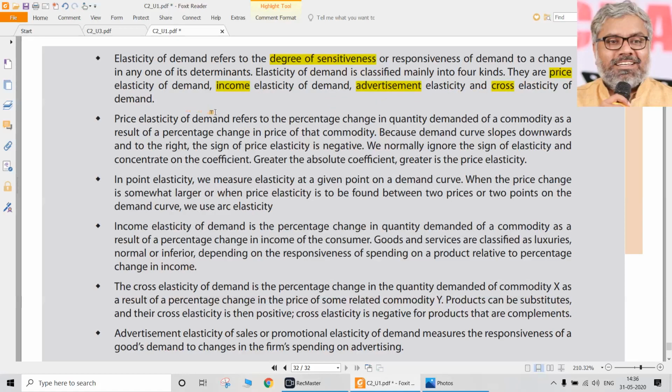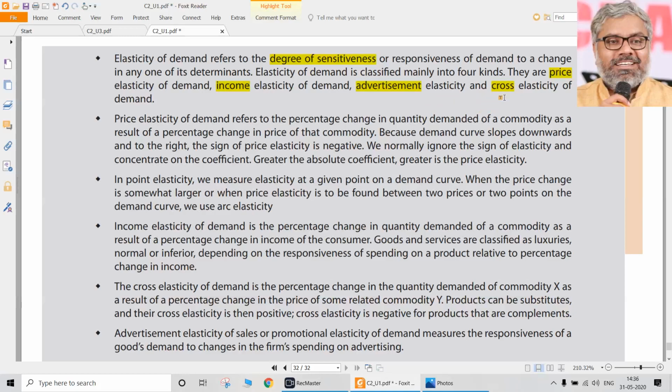So price elasticity tests the strength of the relationship between the price of a commodity and the quantity demanded of that commodity. Same way, income elasticity tests the strength of the relationship between the income of the consumers and the demand of that commodity. Advertisement elasticity tests the strength of the relationship between advertisement expenditure incurred by the organization and the demand of the commodities sold by it.